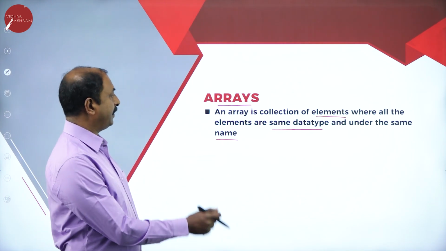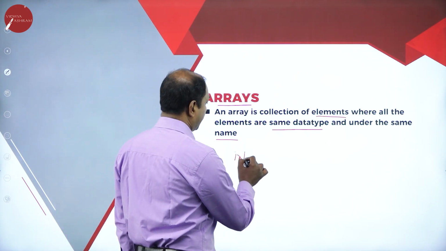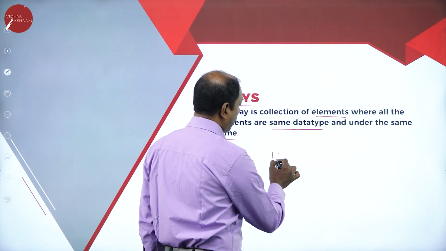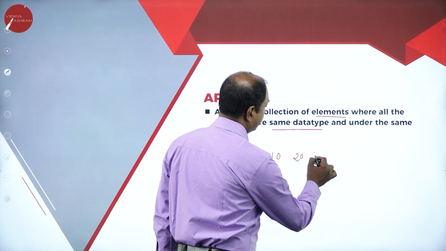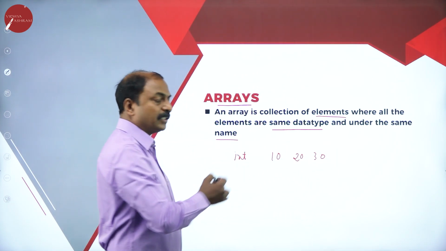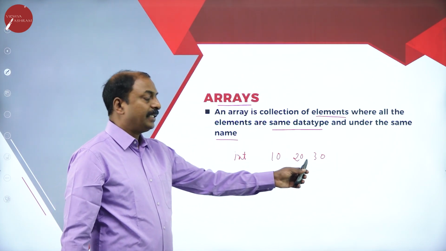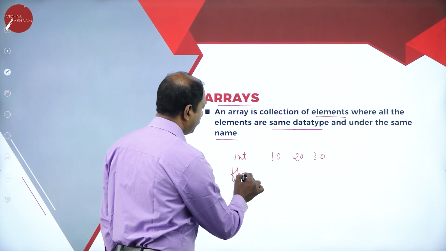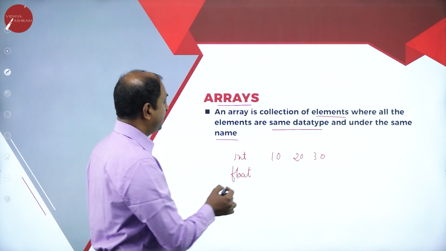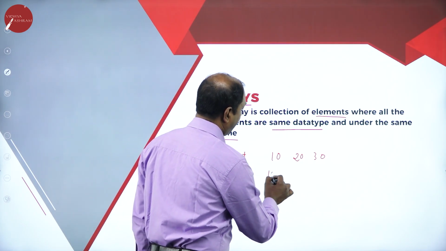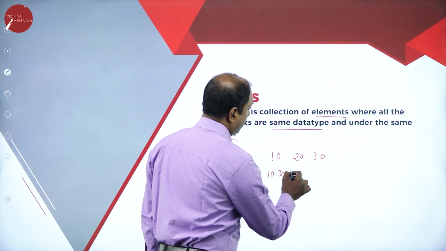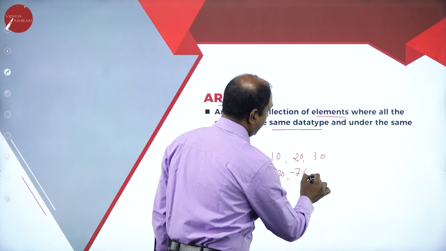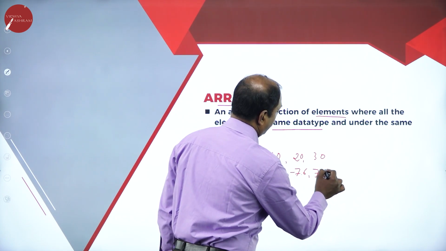So here, for example, if I say int is a data type, if I say int array, then all the elements will be of type integer only. For example, these are the elements of an array. So this is an integer array. Suppose I say float is a data type. Here you can say 10.30, minus 7.6, and 7.0.